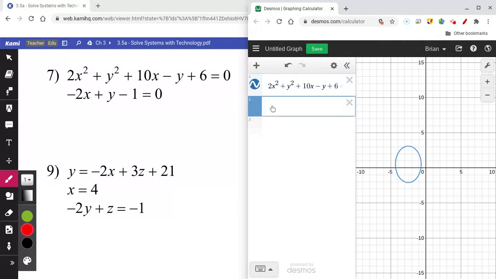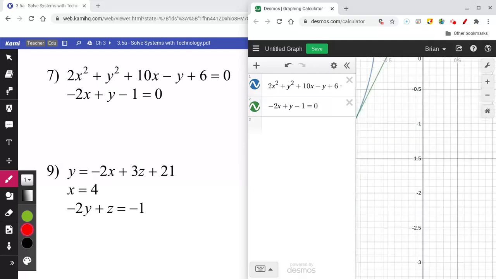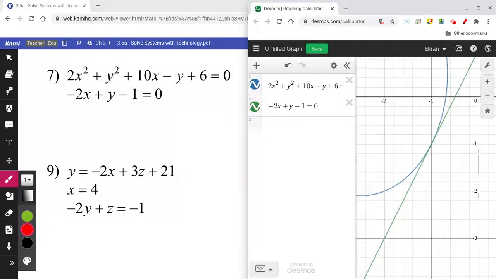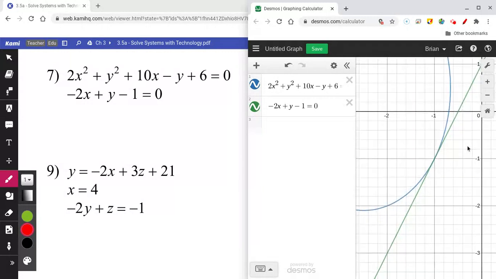And this next one, negative 2x plus y minus 1 equals 0. Okay, oval shape and a line. Looks like maybe they only touch in this one point right here. Do they touch?